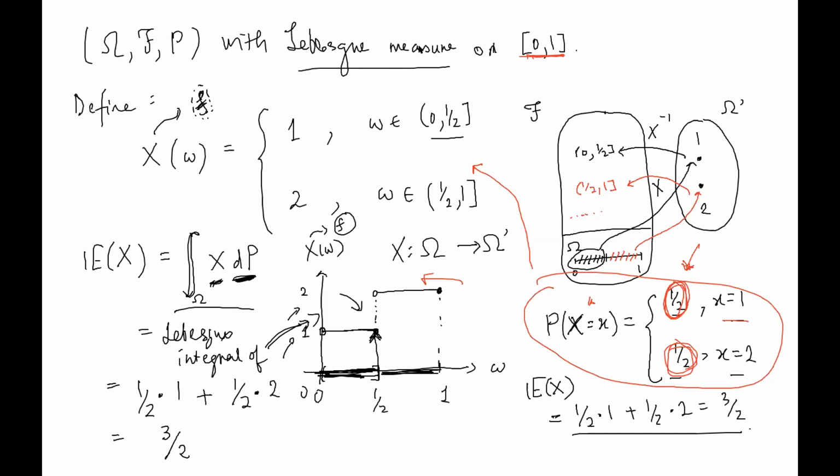So what happens if you have something more involved? Okay, let me clear this. Okay, suppose you have something like this. One, two, three, right?